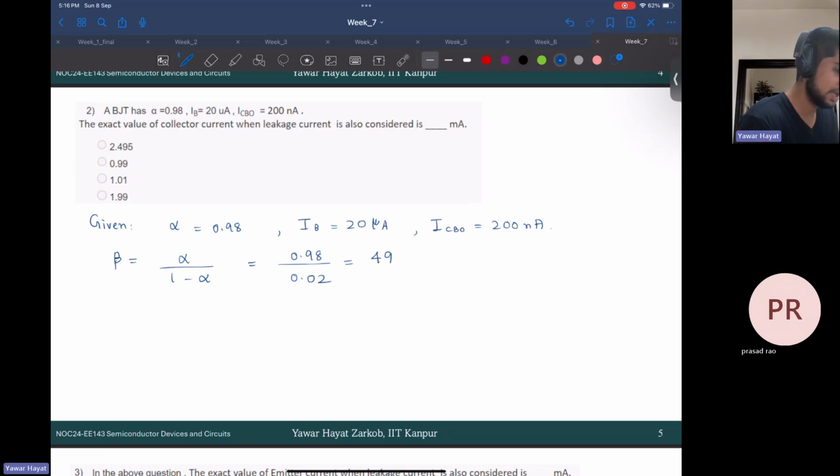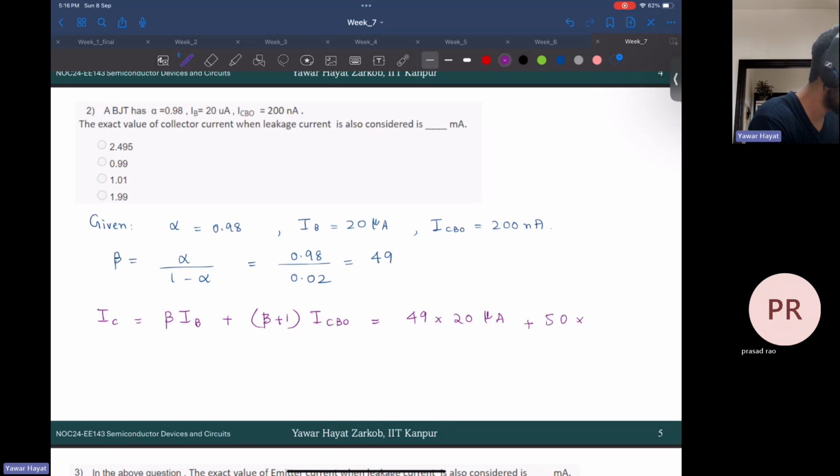Okay. And then once we know this beta, we can compute the exact value of IC, which is equal to beta times IB plus beta plus 1 times your ICBO, right? Which is equal to your 49 times 20 microamps plus 50 times 200 nanoamps, right?